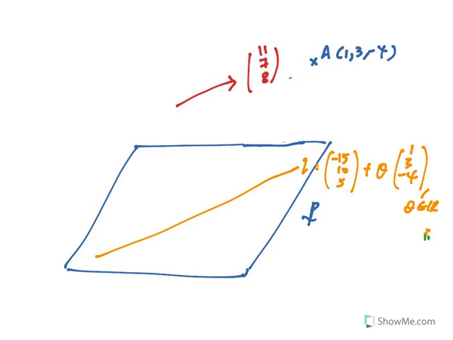I will describe as I show. The line through A perpendicular to P meets P at L. So this is L, and this is your plane P. Find the position vector of L. First thing we can do, how do we go about doing this?